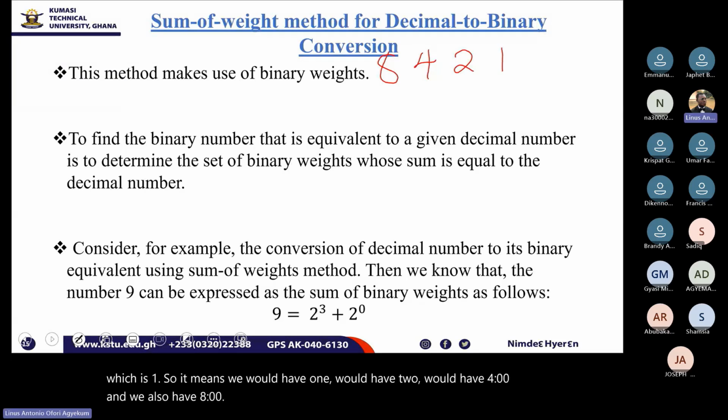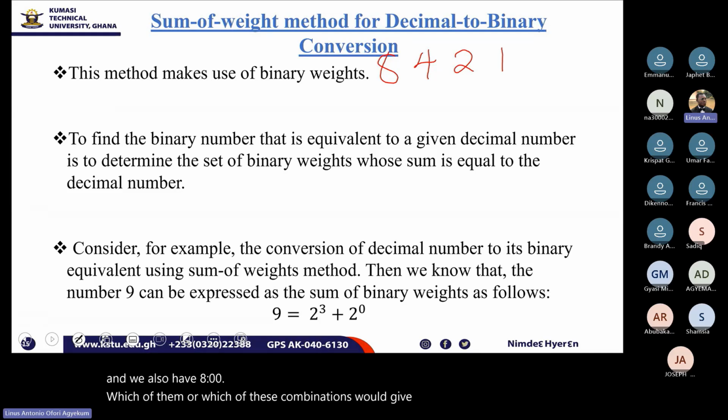Now, which of these combinations would give us the decimal number 9? It is 8 and 1.